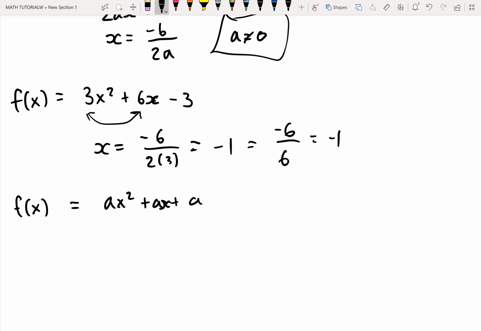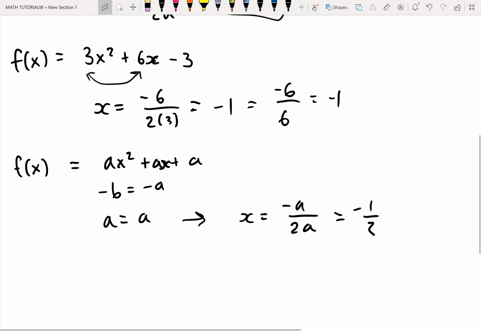So using our definition, minus b is equal to minus a, so x is equal to minus a over 2a, and that is the same as minus a half. So when the constants are always the same, our vertex is at minus a half.